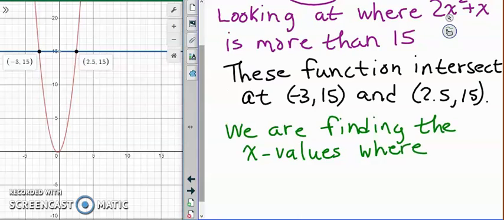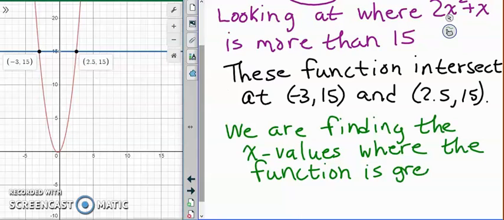So we're finding the x values where the function is greater than 15. And we know that it's greater than 15 because it's above 15. So the only parts that are above 15 are these portions here. And we know that it continues on because it's a parabola. It's a quadratic function. It goes up forever unless there's something to intercept it, but really there's nothing here to stop it.